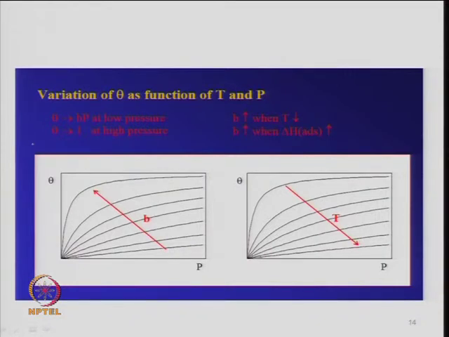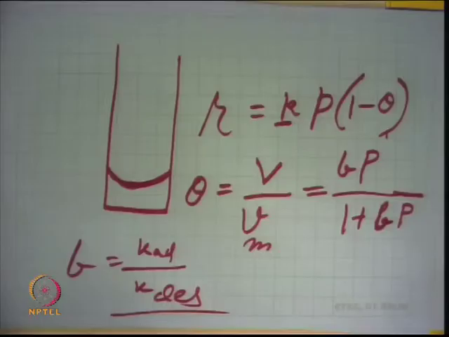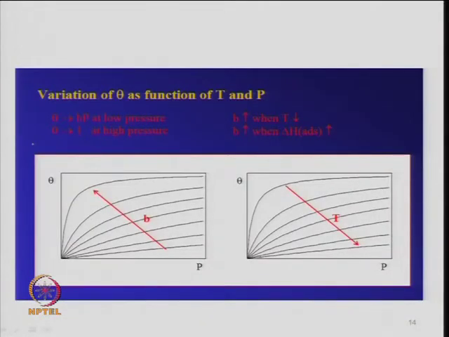B is simply K adsorption divided by K desorption. This equation has been used, and there will always be a monolayer when you are talking about chemisorption; no multilayer will form. So there is a monolayer, but this will be a function of pressure.